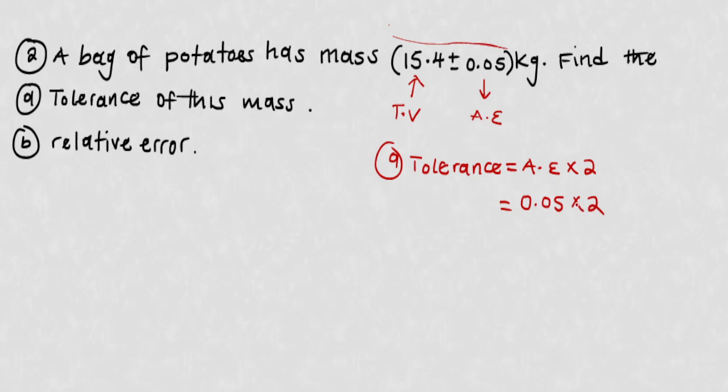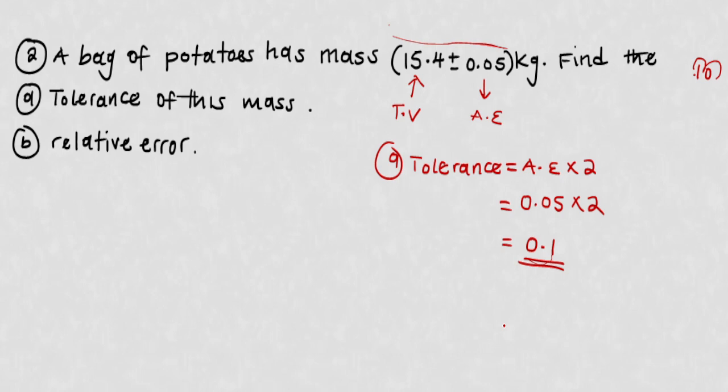There are 2 decimal places, so starting from here it moves 1, 2, going backwards, so the point is in front of the 1. It will be 0.1. If you're having challenges on how to multiply such, you can let me know. So 0.05 multiplied by 2, the final answer is 0.1. So 0.1 is our tolerance. That's how you can find tolerance.